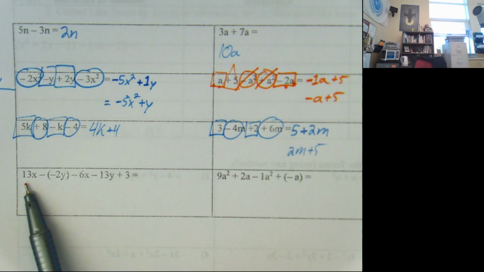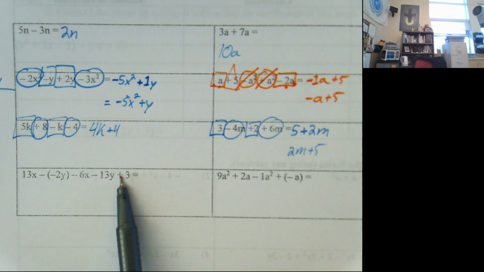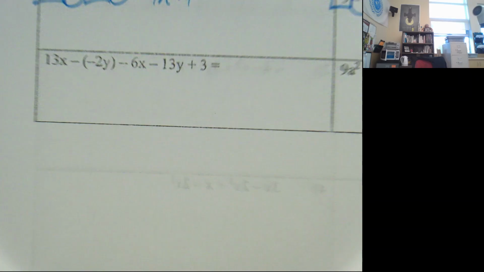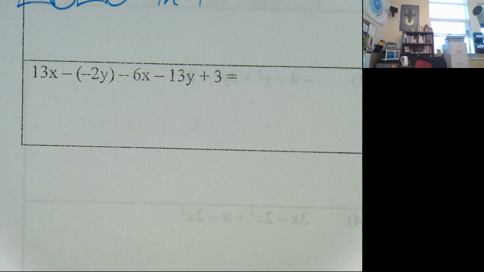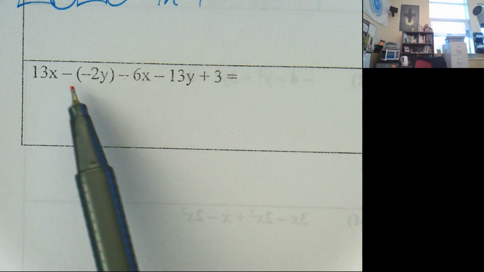I've got 3x minus negative 2y, oh boy, minus 6x minus 3y plus 3. This is gross. The first thing we should do here is group. Before we even group, there's a nice little simplification we should make. Do we like double negatives? No, that's what we're going to get rid of first.